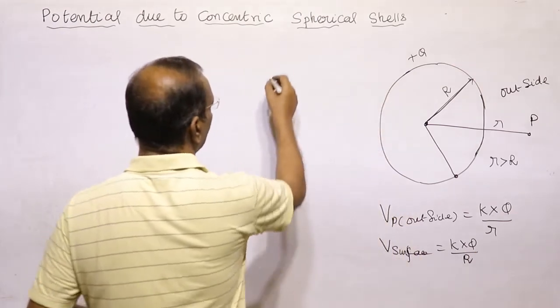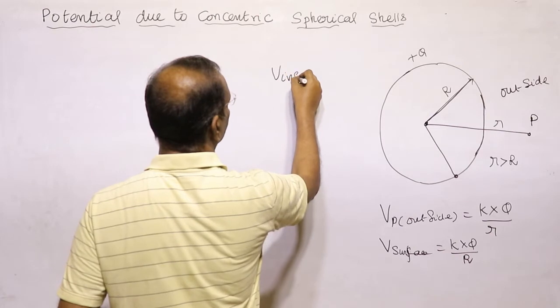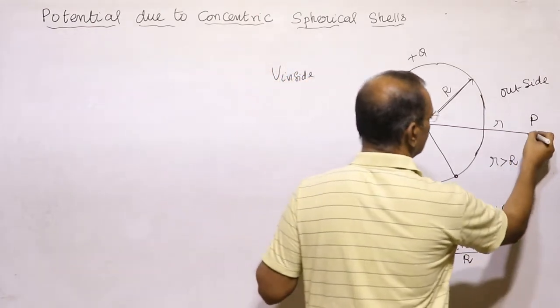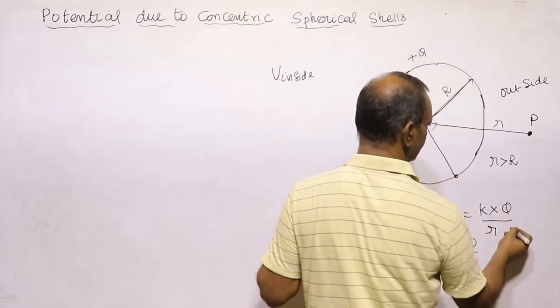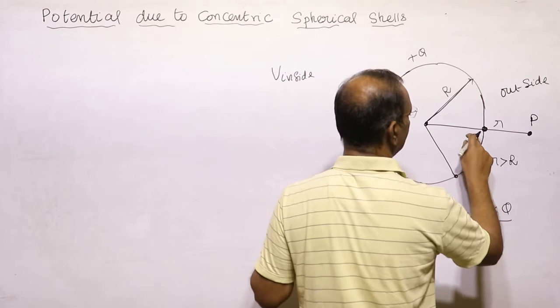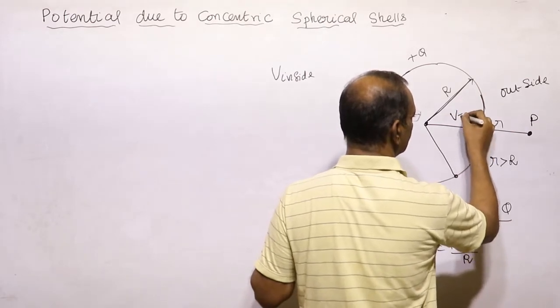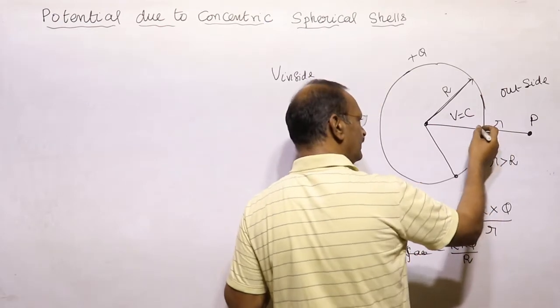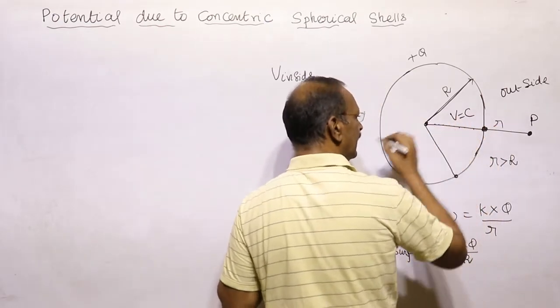Now potential inside. Inside means we know the potential at the point outside is this one, and on the surface is this one. For the sphere having a radius r1, the potential is constant, the same as what is available on the surface. The same potential is available inside also.